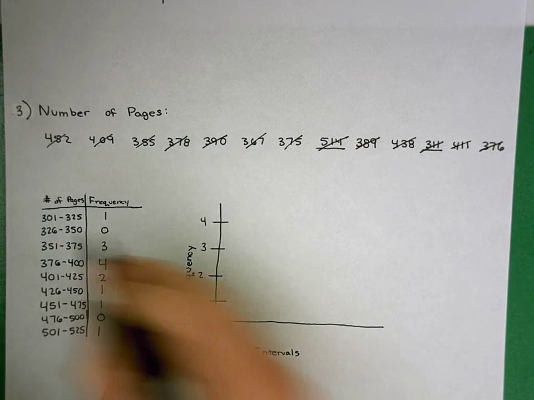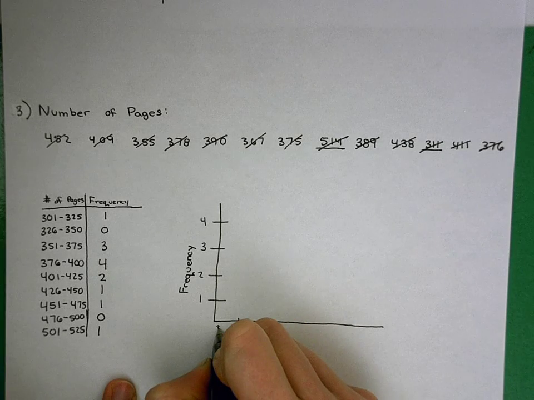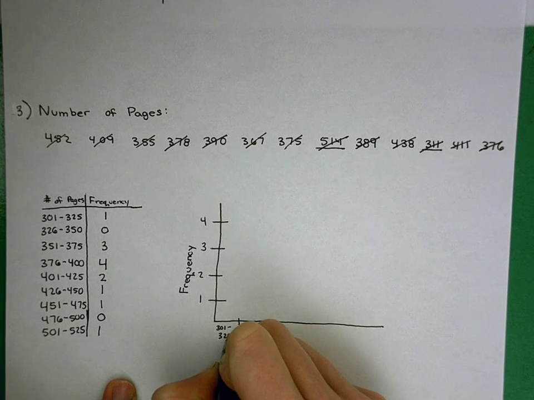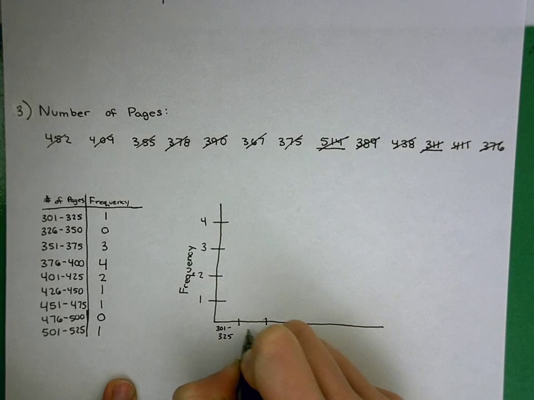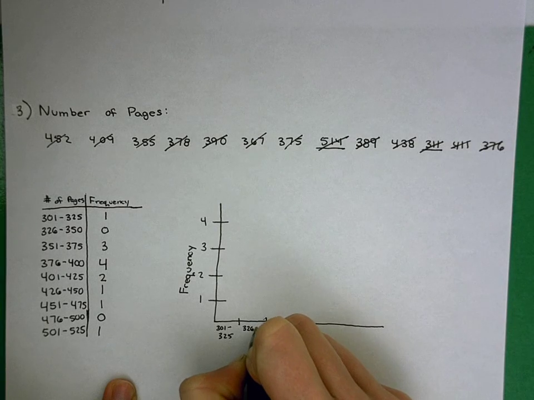Okay? So we have 301 to 325. 326 to 350.